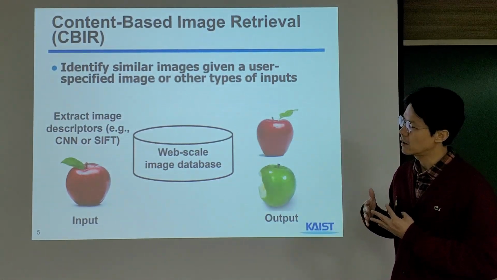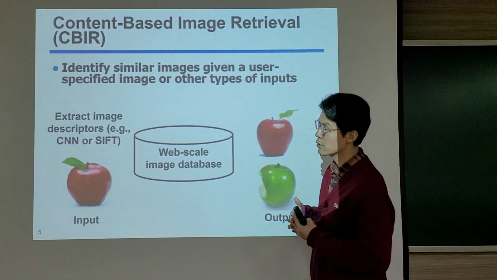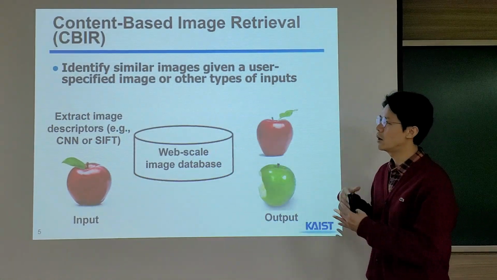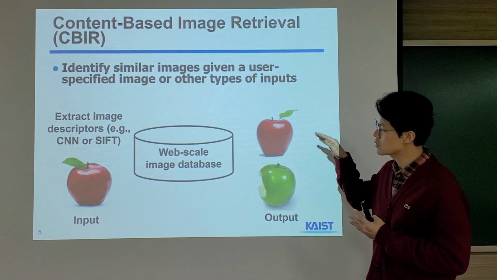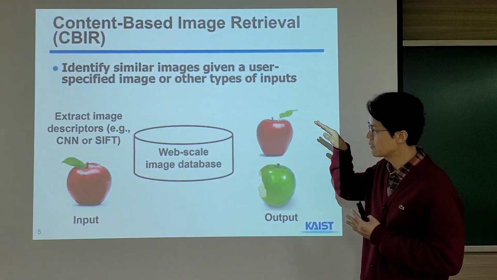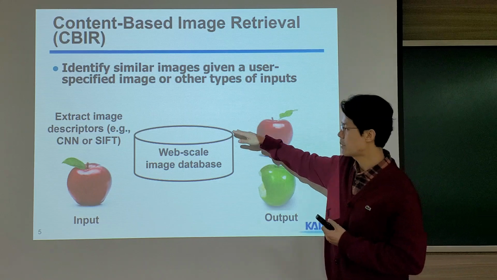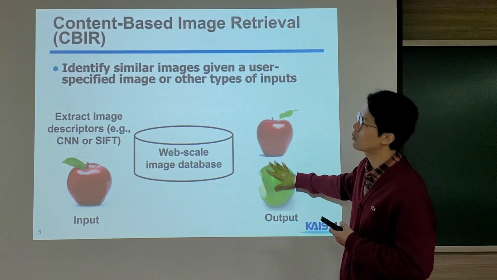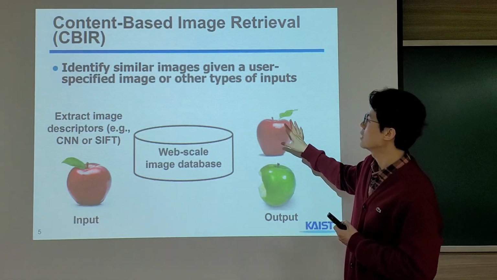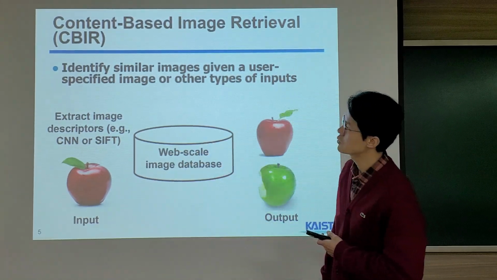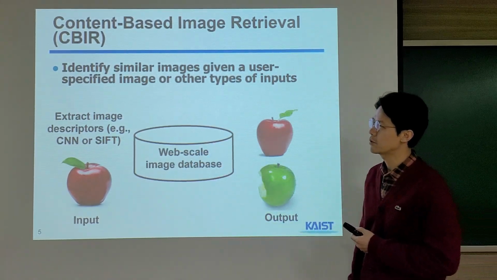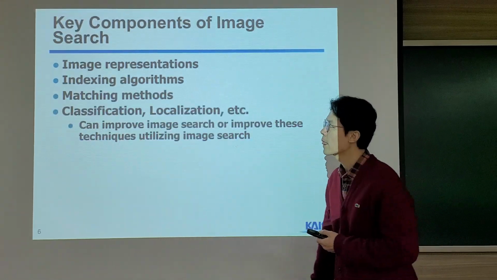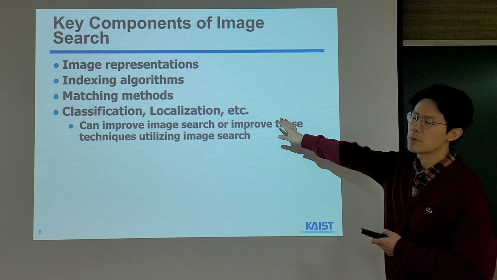But as a simple setting, we just assume that the user provides some sort of input image, and then we need to search in a very efficient way over a web-scale image database and identify similar looking or semantically similar images for the user. To do that, we typically extract some sort of descriptor instead of using the RGB image.